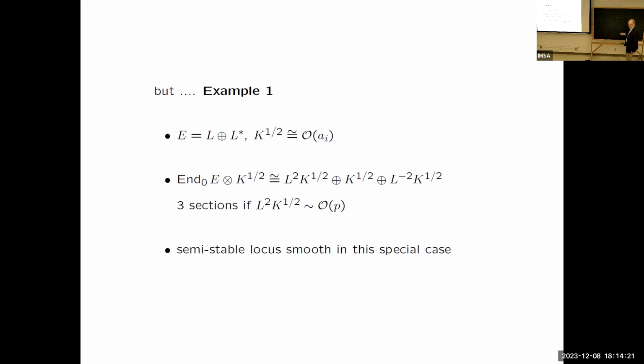So how does the discriminant depend on the even or odd theta characteristic?